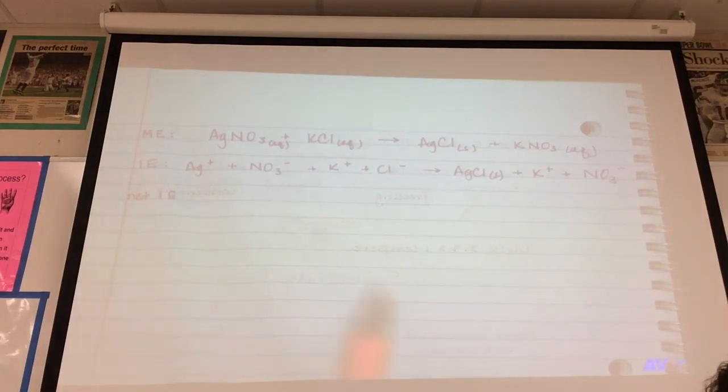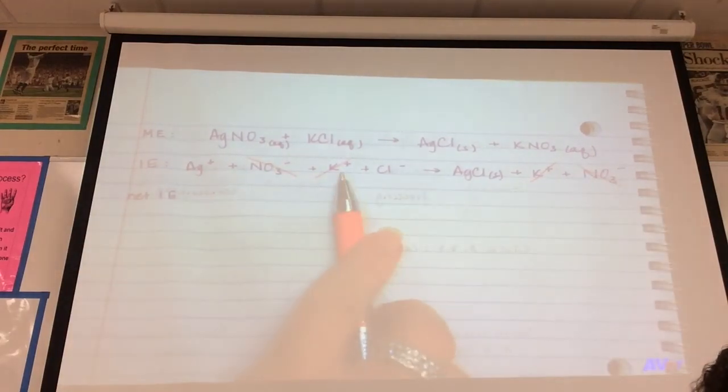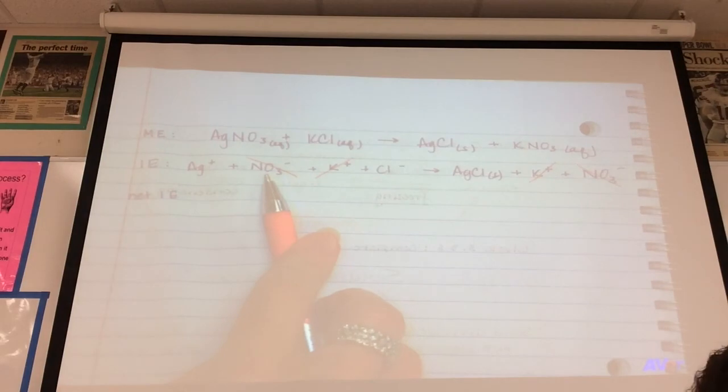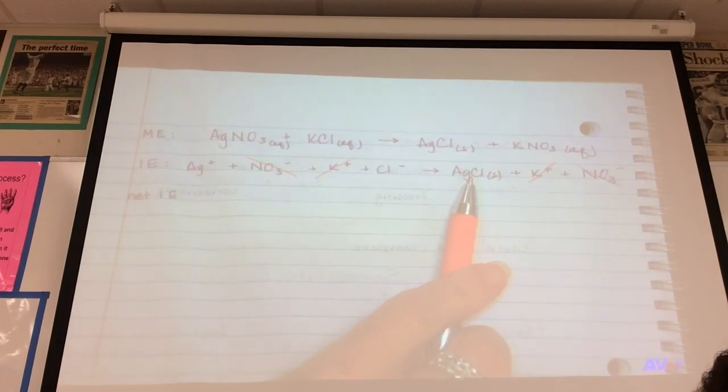So in the ionic equation, you would cancel any ions on both sides of the equation. Bye-bye potassium ion, bye-bye nitrate ion. Potassium ion and nitrate ion are spectator ions. They are not directly involved in the generation of the precipitate. It's like going to a basketball game and watching it. The spectators are not on the floor playing hoops. They're just watching it.